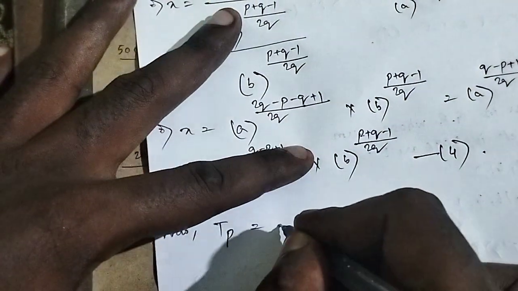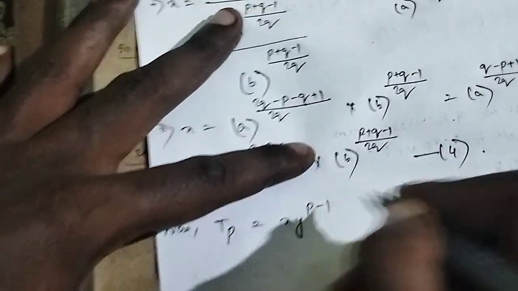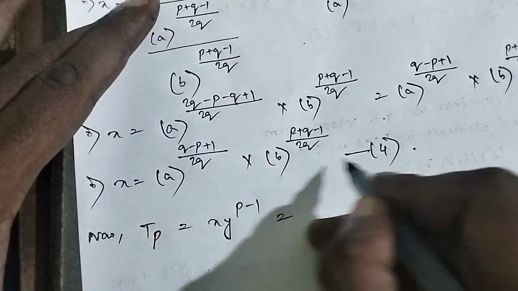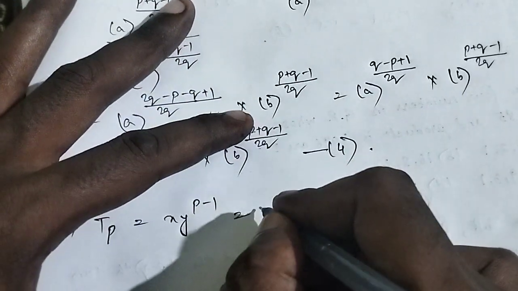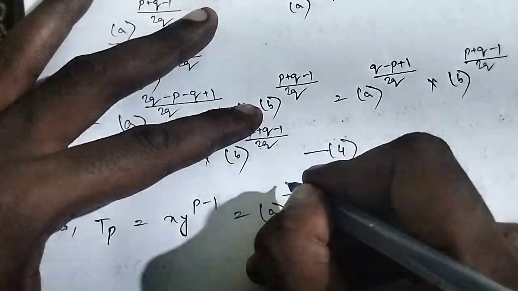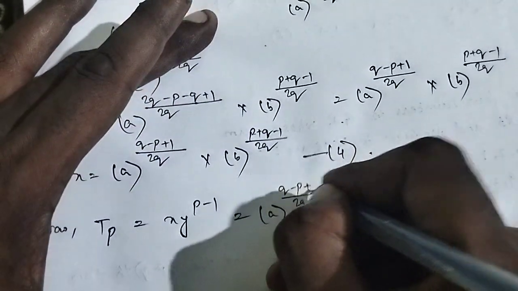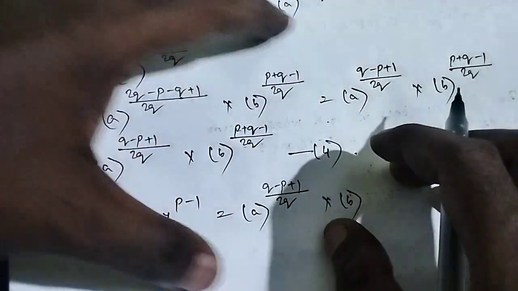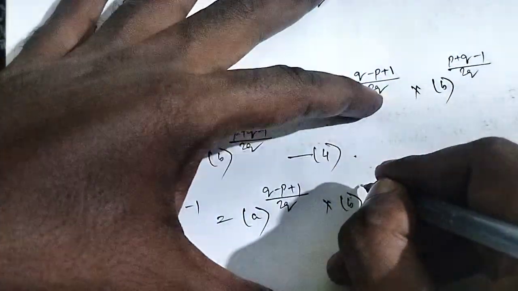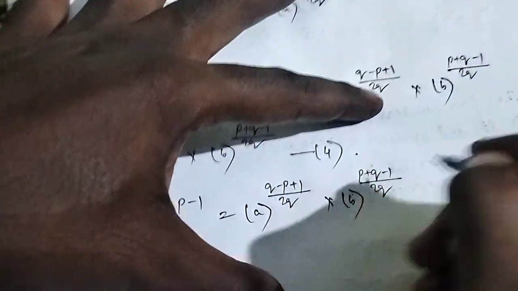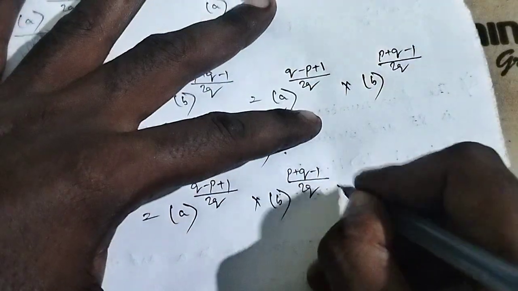So pth term will be x y to the power p minus 1, right? Achha, what is x? X is this one, a to the power q minus p plus 1 into b to the power p plus q minus 1 over 2q. Okay, into y. What was y?